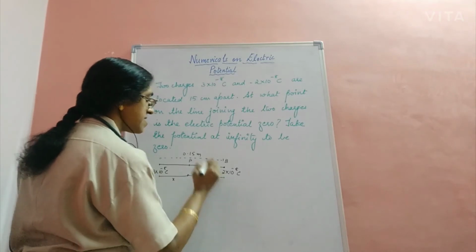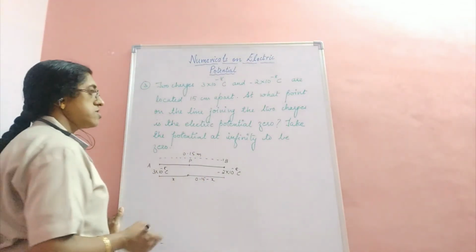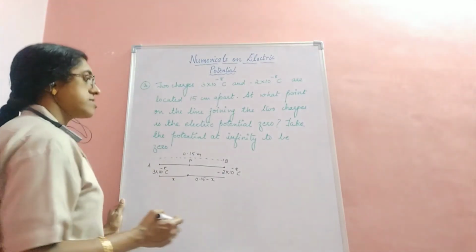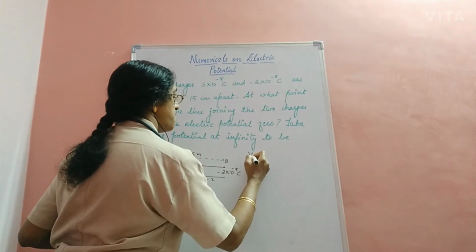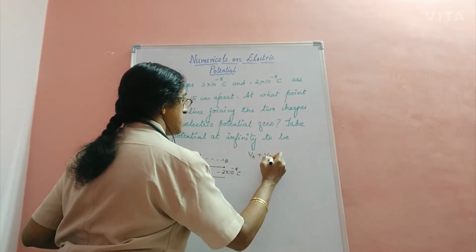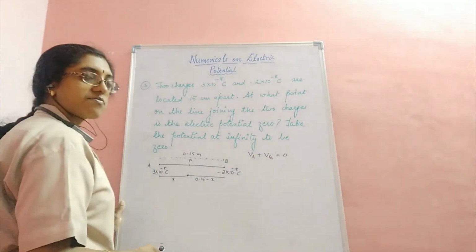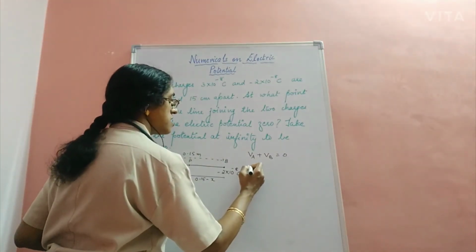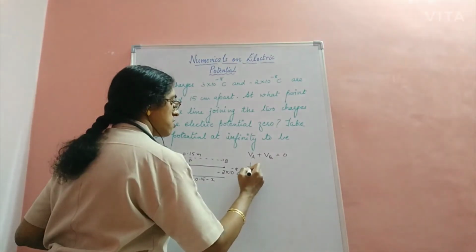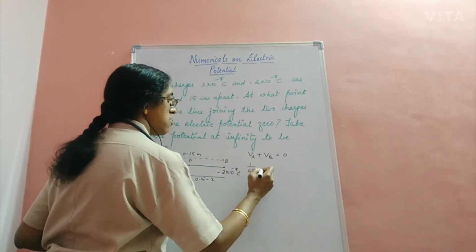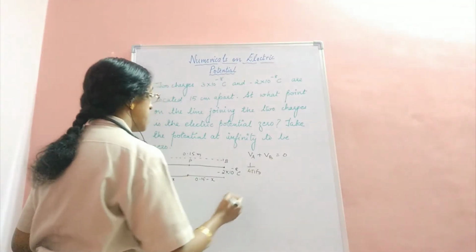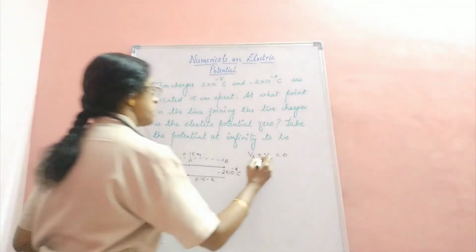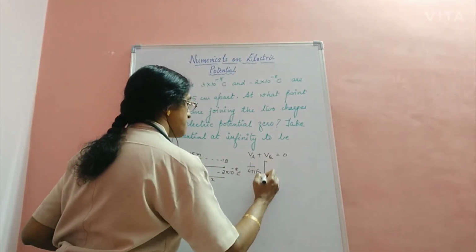Then this other distance would come out to be 0.15 minus x. Now, since they have told that the electric potential is 0, hence I can write VA plus VB should be equal to 0. Then we'll apply the formula. As we know, it is 1 upon 4 pi epsilon naught, Q by R. Now 1 upon 4 pi epsilon naught would be common.